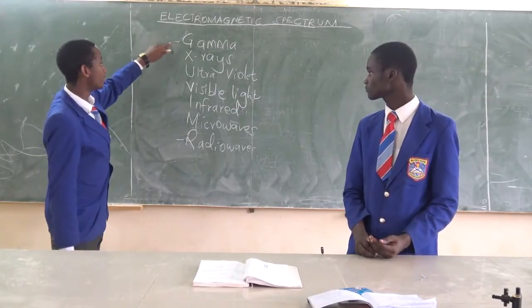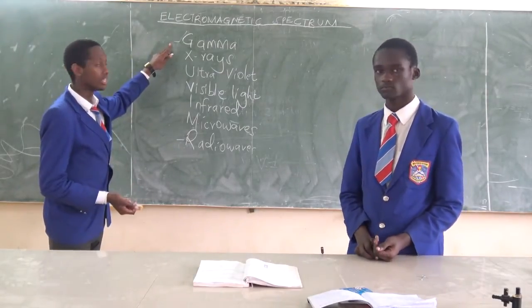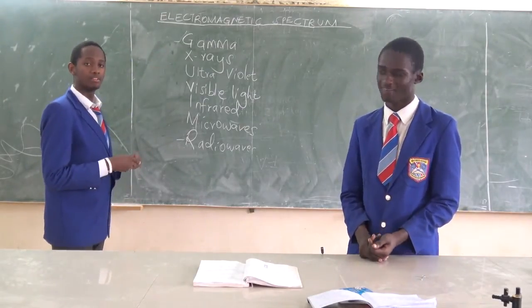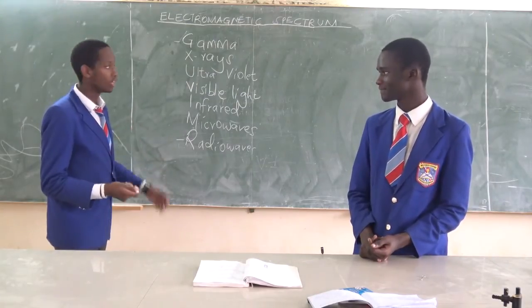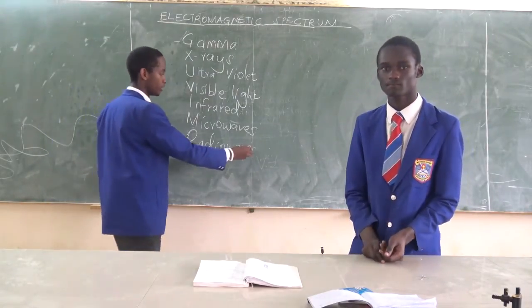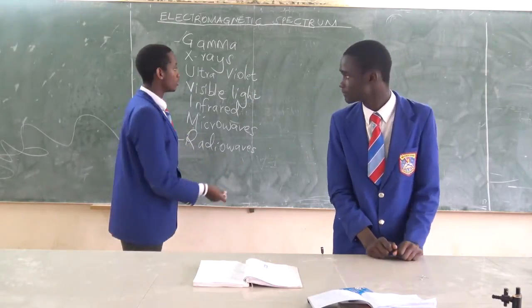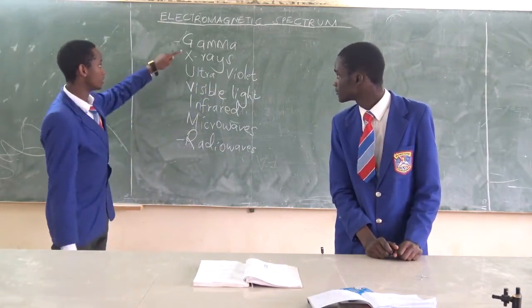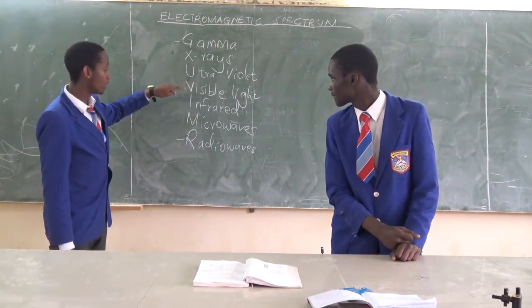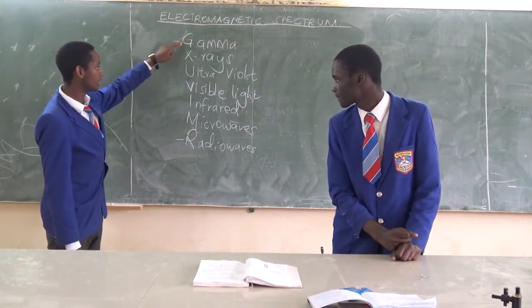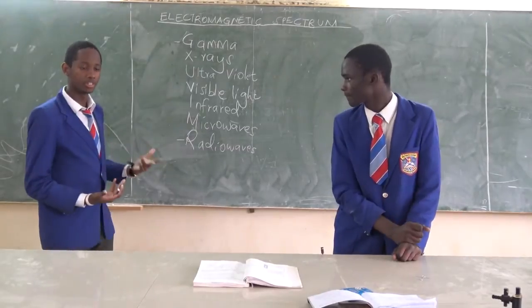Therefore, with gamma rays having the highest frequency, it also means that they have the shortest wavelengths. So radio waves have the longest wavelength. So in this order of GXUVIMR, this is the order of increasing wavelengths.